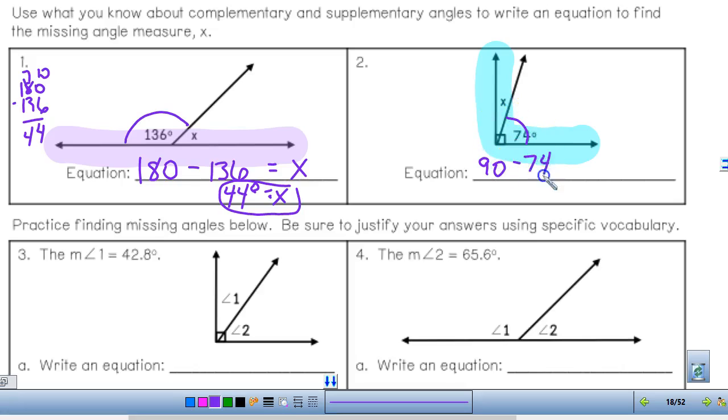So if I take away 74 degrees, it tells me how many degrees I have left over to represent x. So 90 minus 74 gives me 16 degrees left over for x.